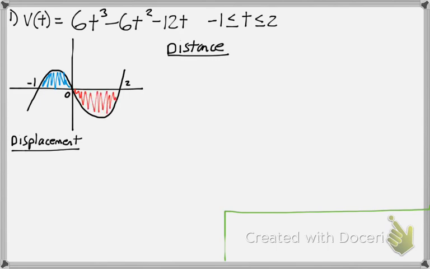And to find the displacement, again, we just need to integrate really the entire function on the interval, and it will automatically add these up and subtract these. So the displacement is not too hard. So I just want to integrate.